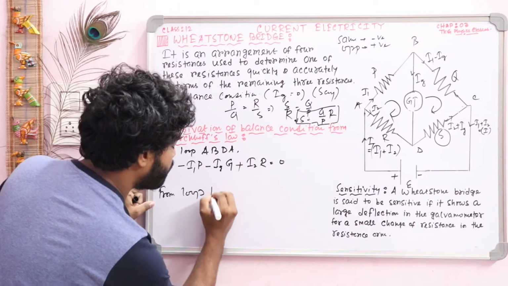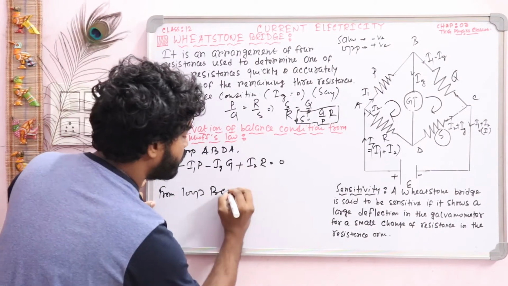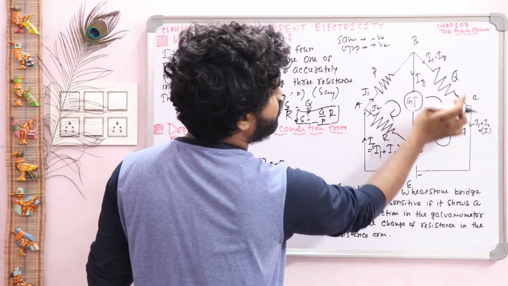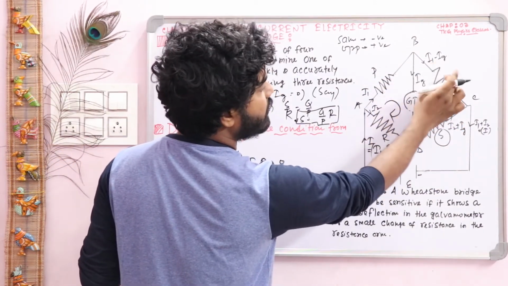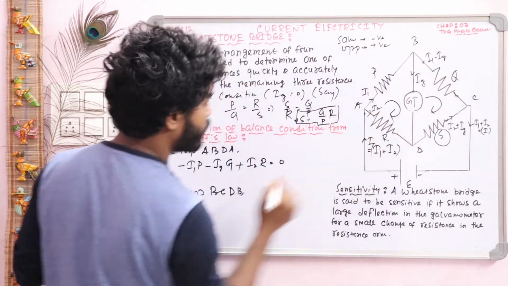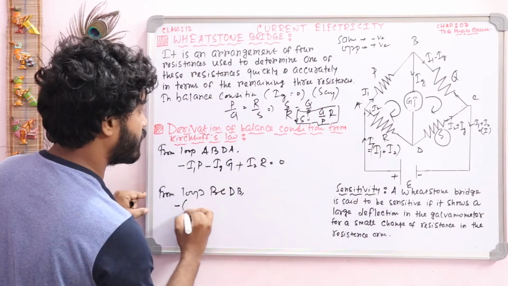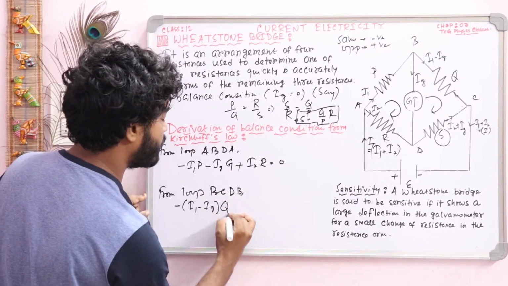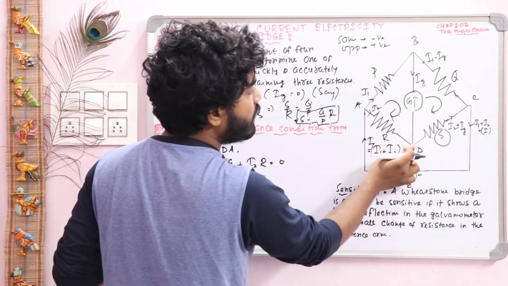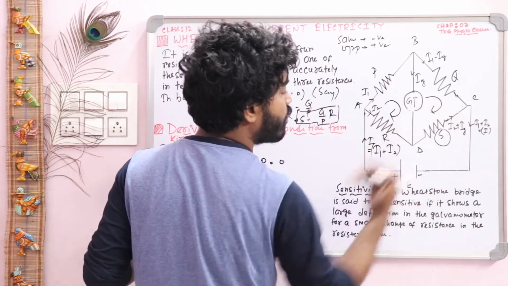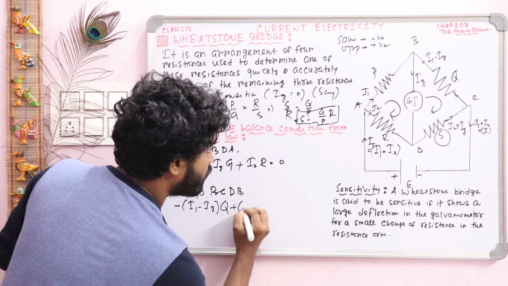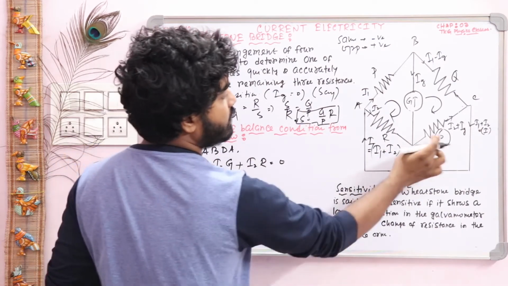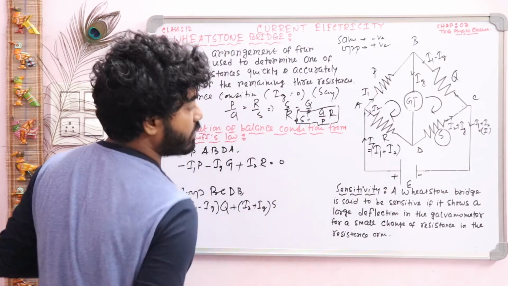We can write, check it, B to C, current flowing I1 minus Ig, and resistance Q, your direction and current direction same, so this one will be minus I1 minus Ig multiplied by resistance Q. Now C to D, your current direction and your direction is opposite, so this one will be plus, current is I2 plus Ig, and the resistance is S, and this is our unknown resistance.